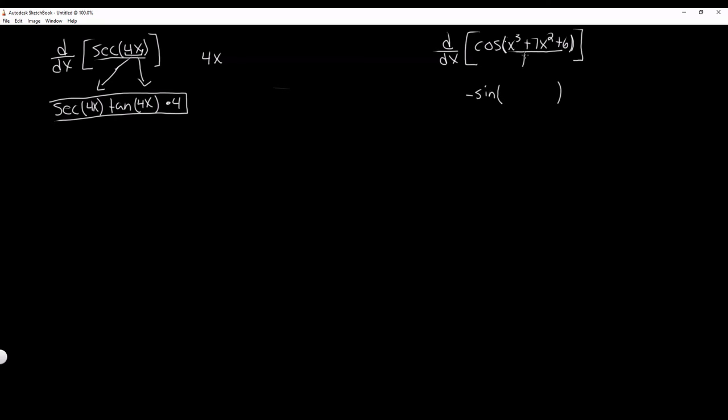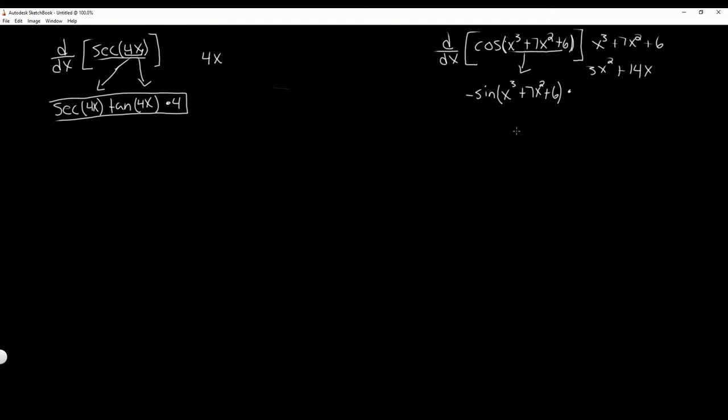Then we bring down our inner function unchanged, x cubed plus 7x squared plus 6. And then multiplied by the derivative of the inside function, and the inside function is x cubed plus 7x squared plus 6. So this would be 3x squared plus 14x.